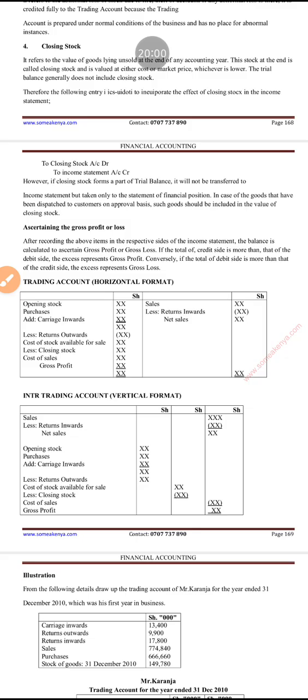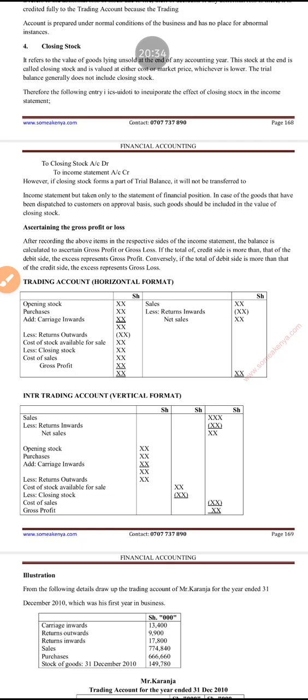In case of goods that have been dispatched to the customers on approval basis, such goods should be included in the value of closing stock. These goods dispatched to customers on approval basis simply means that you sent some goods to your customers so that they can accept or maybe reject.